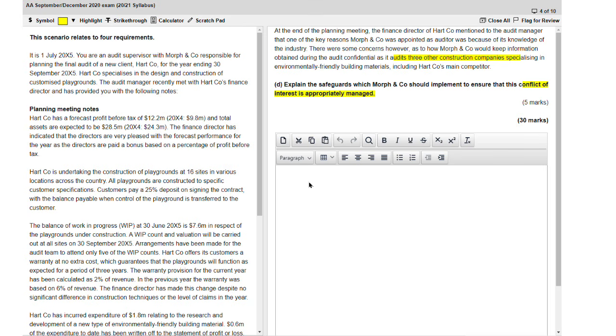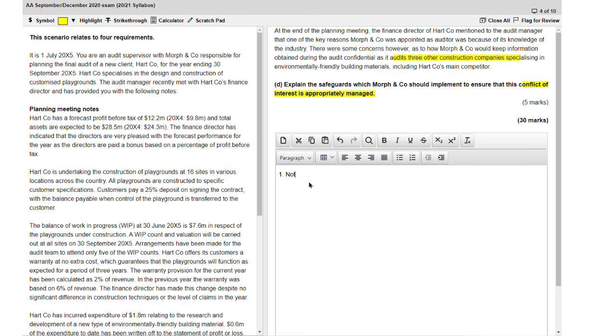So you perhaps remember, 5 marks, I want to make 5 points. First thing you have to do, isn't it, is to tell the clients and to get their consent. I suspect that if you just said tell the clients, that's only half a mark. So I think it's clients and tell them and consent.